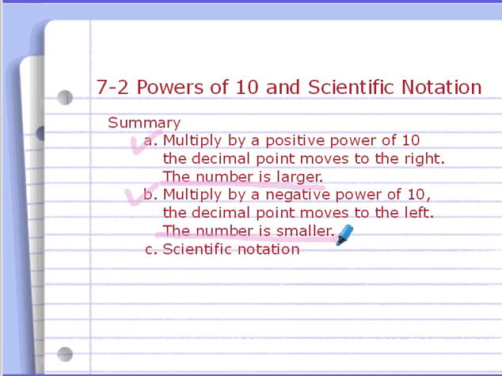Scientific notation is written in two parts: x times 10 to some power, where x has to be greater than or equal to 1 but less than 10. That's where scientific notation has to fall, and you need the x written that way. Good luck, and bring any questions you have to class.